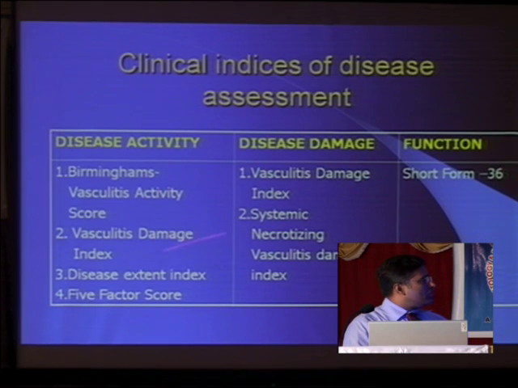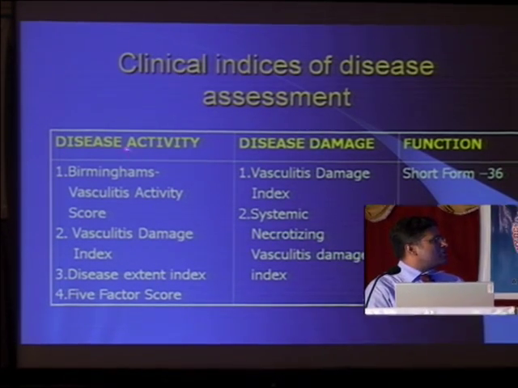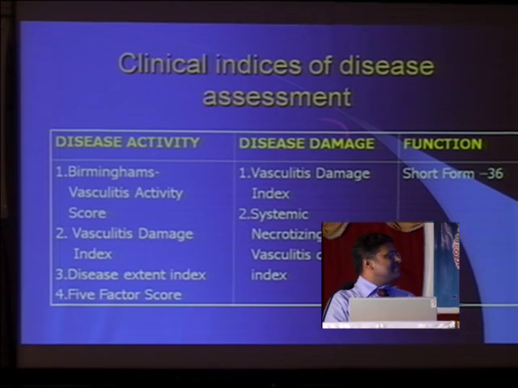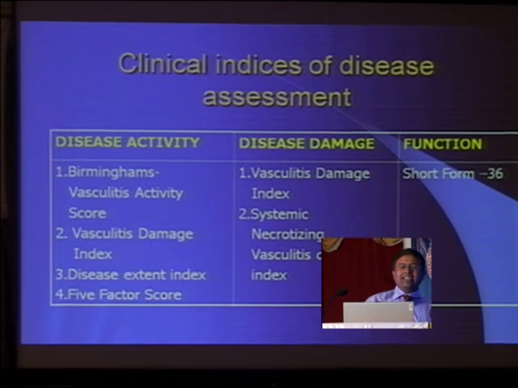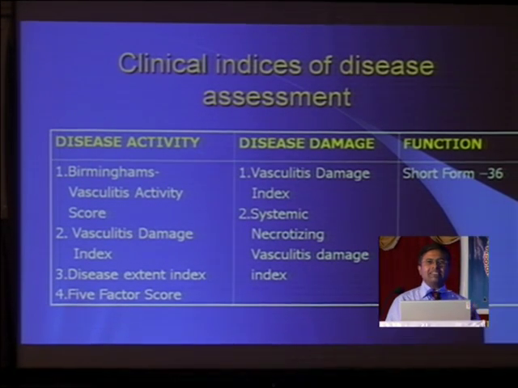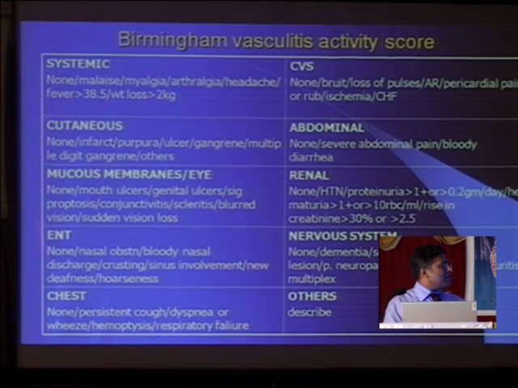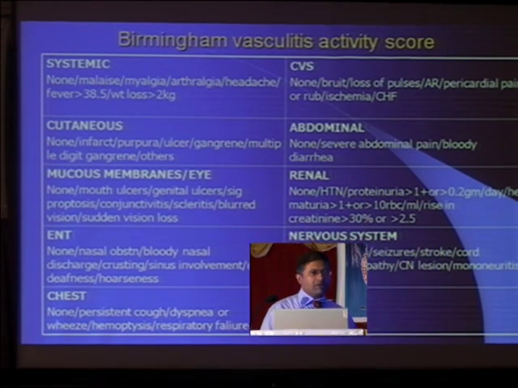So therefore you would like to see, there are various ways people have tried to look at the disease activity and the disease damage. Now, the difficulty is, unlike rheumatoid arthritis where some simple tests and x-rays would do, vasculitis is very confusing and vague with so much involvement. Needless to say, you land up having a complicated scoring system and try to give weightage to each score. Don't bother to remember this.